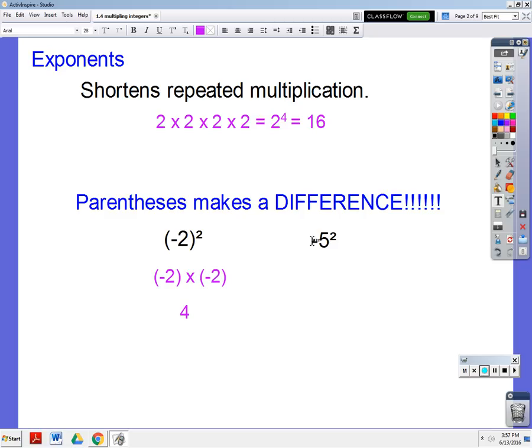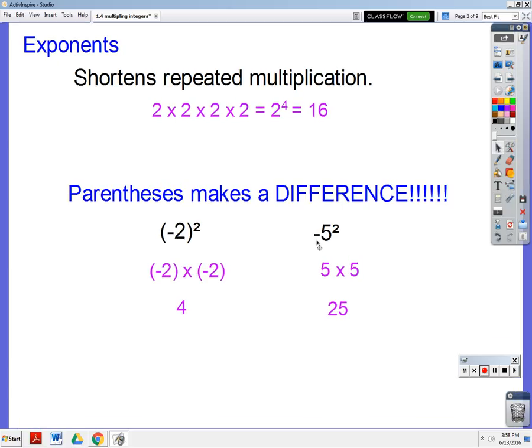This problem doesn't have the parentheses, so it's worked out differently. We're going to forget about that negative sign right now, and we're going to square that 5. We're going to take 5 times itself. 5 times 5 is 25. But we wanted the negative answer of 5 squared.